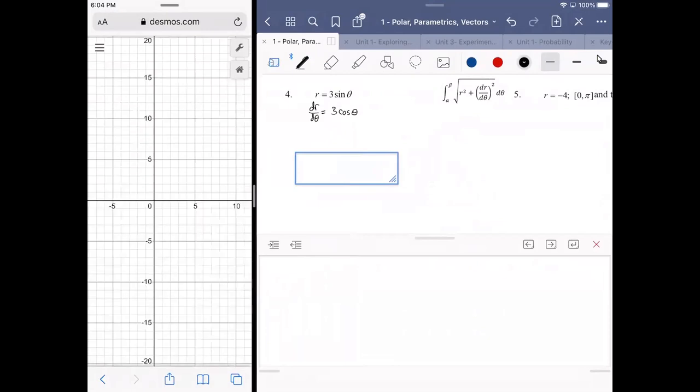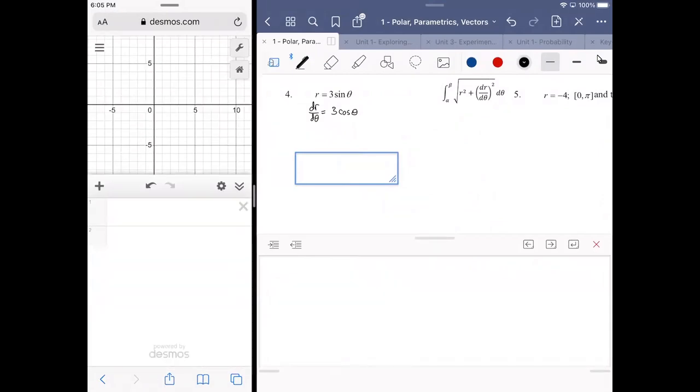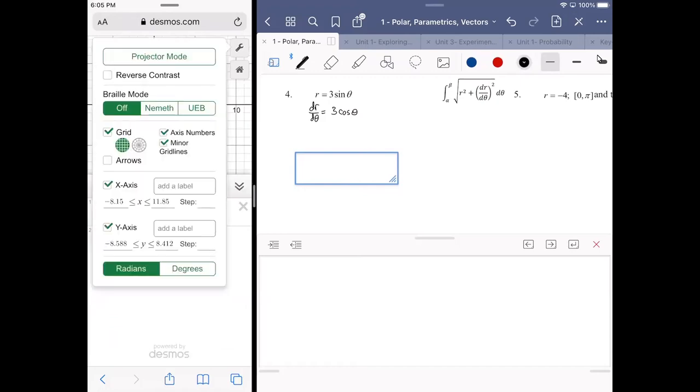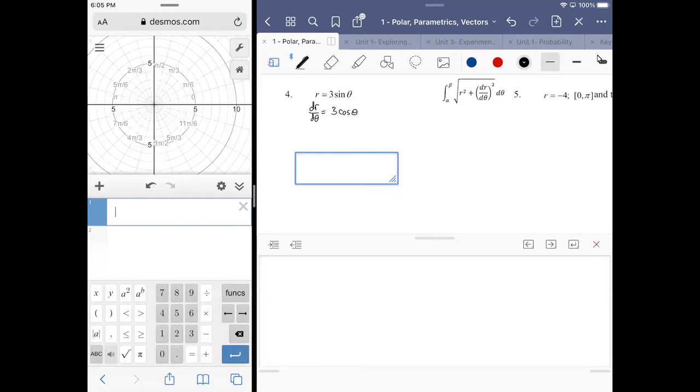We need it to be set up for polar graphs, right? So I hit that little monkey wrench, I accidentally hit the settings key, but it just goes to show that it's easy enough to stumble your way to the right settings. So then I select the polar one. Right? So then we've got that all set up.